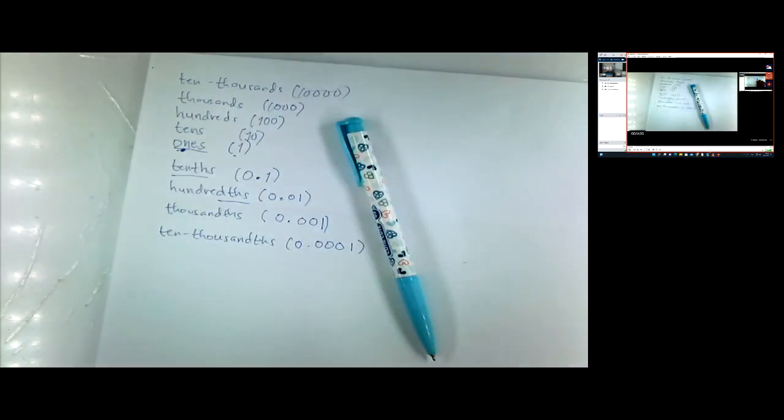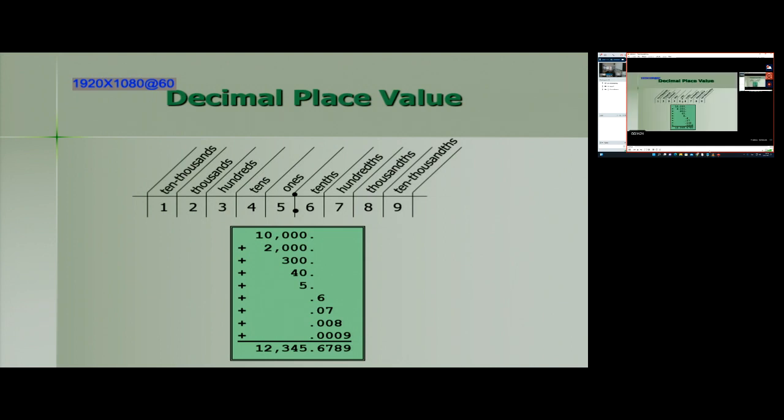Okay, the ten-thousandths place. Now, that is why if you try to look at this given number, 12,345.6789, this 1 multiplied by the ten thousands place is 10,000.